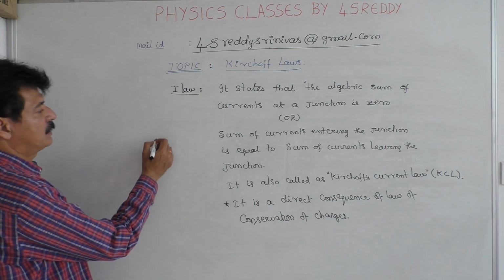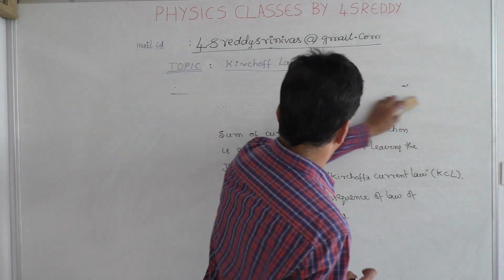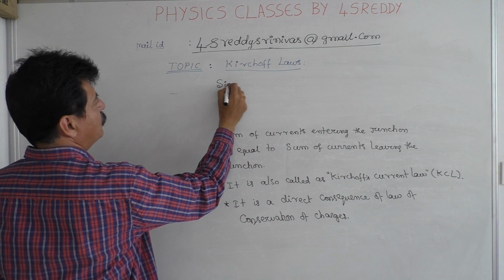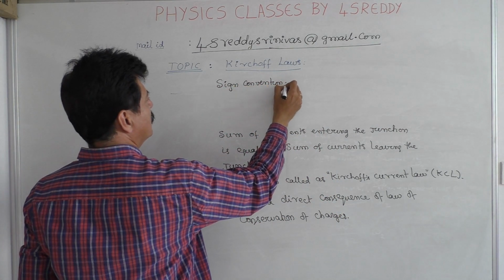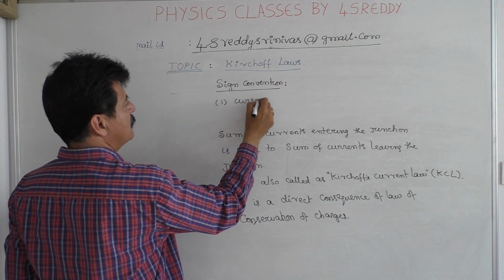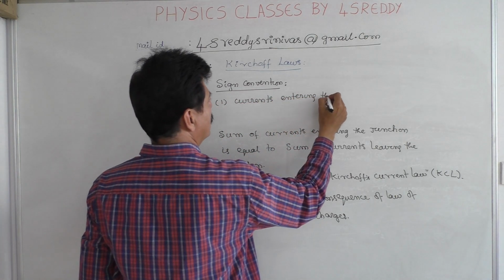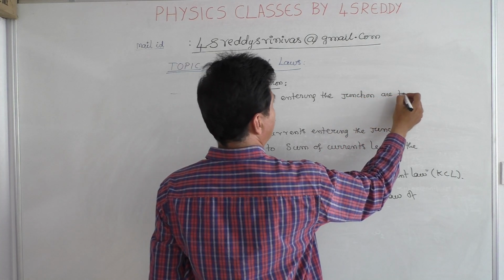That means, suppose you consider there is a sign convention. For this we have to use the sign convention as: first one, currents entering the junction are taken as positive.